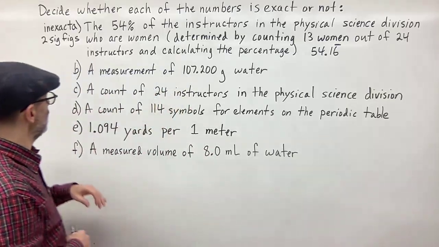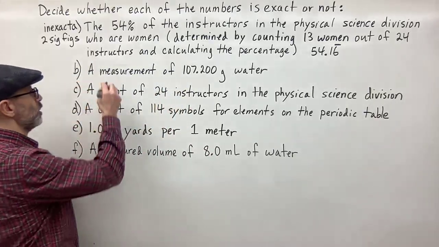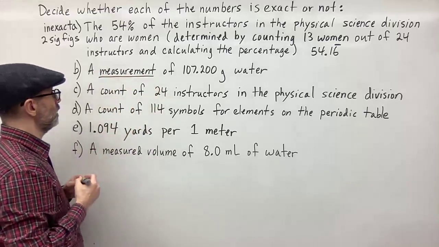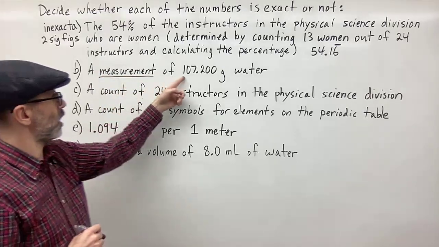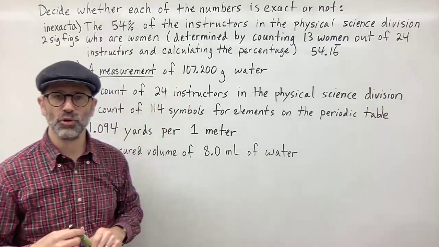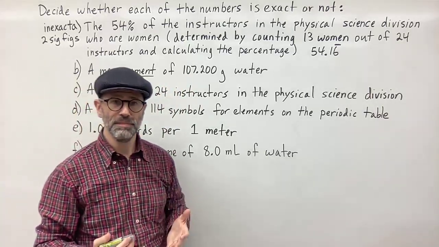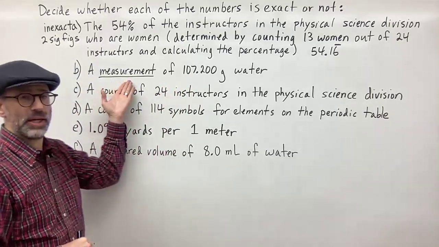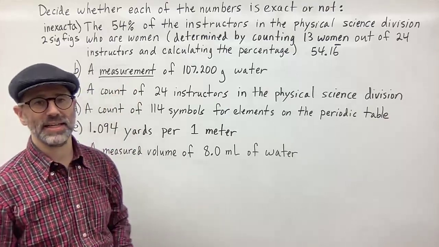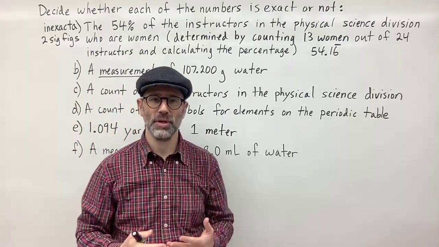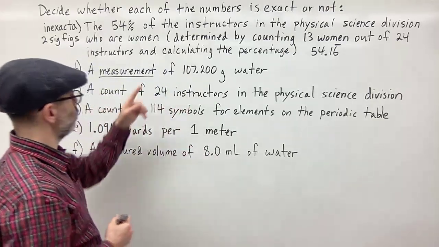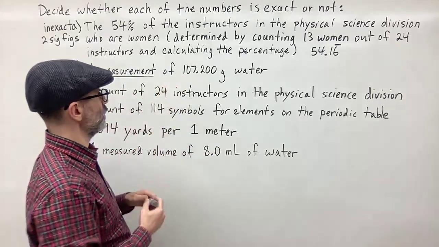Okay, next we have a measurement. Keyword here, measurement. A measurement of 107.200 grams of water. Anytime you have a measurement, it is not going to be exact. Measurements do not give you exact numbers. So we count the number of significant figures.